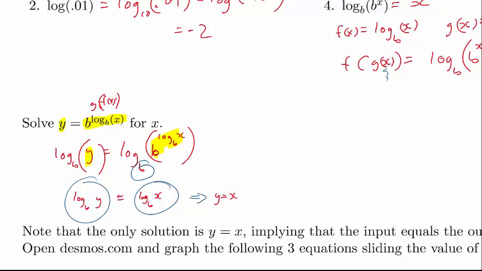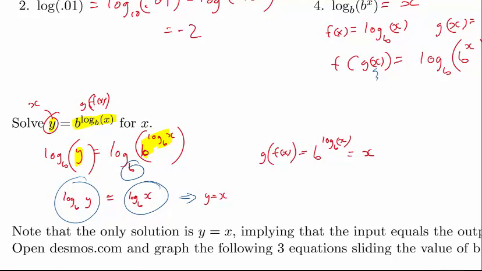So in other words, anytime you see a y, you can replace it with an x. So this means that g of f of x, which becomes b to the log base b of x, equals x, right? Because that becomes x. So note that we've tested this both ways, and so we see that the logarithmic and the exponential function are in fact inverses of each other.